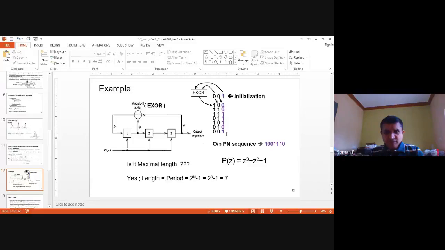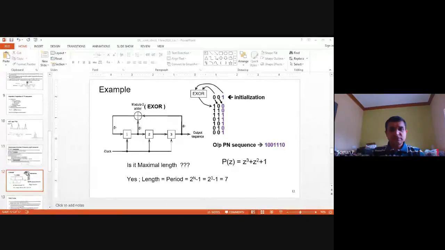So the sequence going out of the third flip-flop is 1 0 0 1 1 1 0, 1 0 0 1 1 1 0. Is it understood? Clear? Because this is important and you can expect questions on this, finding out the sequence from a characteristic equation or a polynomial.